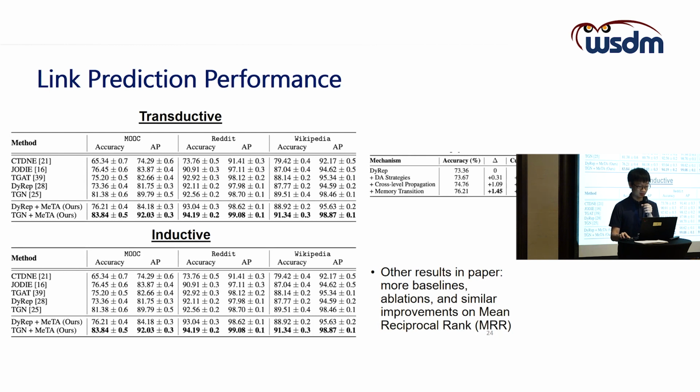This one over here shows the importance of the adaptive data augmentation. When we simply introduce the data augmentation strategies in a naive way, it only leads to a very small improvement in accuracy of 0.3%. But when we introduce the adaptive data augmentation, there's a significantly bigger improvement in the accuracy.